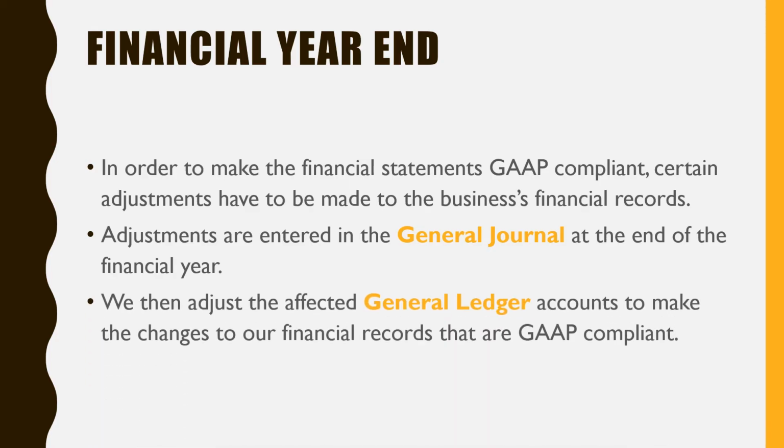We then have to post to the general ledger to update the affected accounts so that our GAAP principles are applied to our financial records to make them GAAP compliant. Some adjustments you've already done. For example, bad debts. Bad debt is an adjustment. You also made an adjustment for the owner taking goods for personal use. So you already know 2 adjustments.